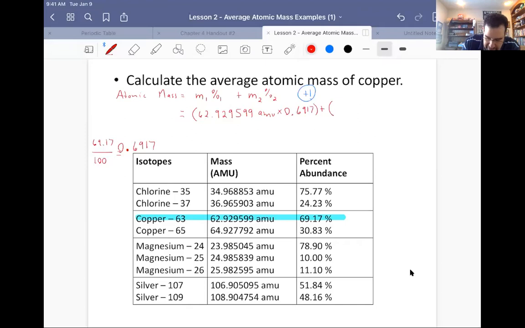And then my second isotope for copper, copper 65, has an exact atomic mass of 64.927792 AMU. And again, 30.83% is 0.3083.